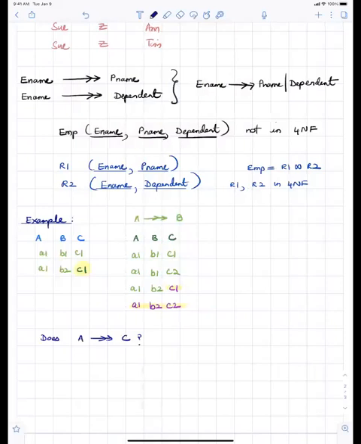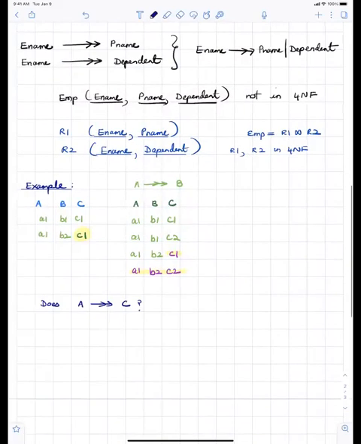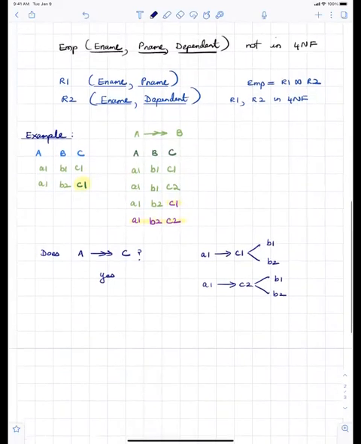For this one, you can look at the data and see that yes, because A1 goes to C1, and for C1 it goes to B1 and B2. And when A1 goes to C2, it also goes to B1 and B2. So yes, but I just want to say that this is called a trivial MVD.